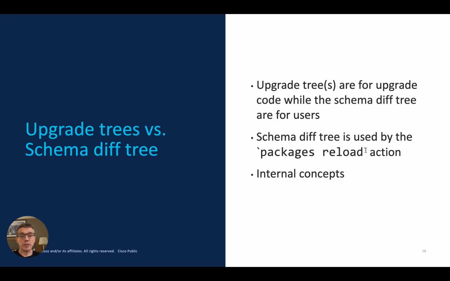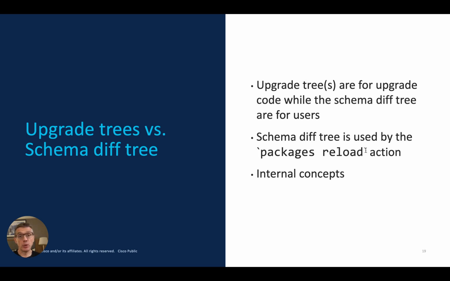In addition to upgrade trees, the schema diff tree is also generated. Whilst the purpose of the upgrade tree is to guide CDB internally, the purpose of the schema diff tree is to generate upgrade reports for the user. So why is this distinction important? As an example, changing a non-presence container to a presence container is not visible in the upgrade tree, since there is no upgrade work associated with the change.